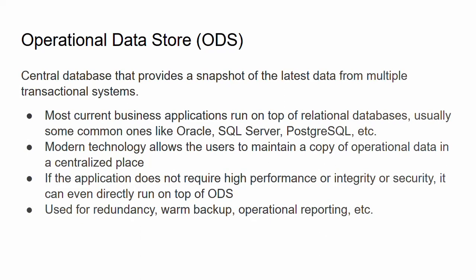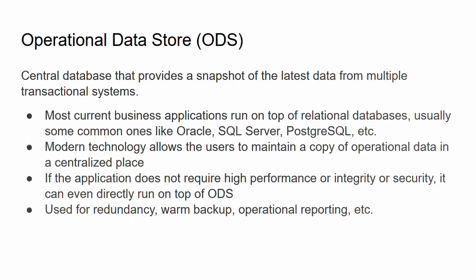If you have a transactional system running in either SQL Server or PostgreSQL, there are technical ways to duplicate the same data, maybe with a few seconds of delay, but you can copy the majority of the data into a separate database. And you can read from this database for online analytical purposes.